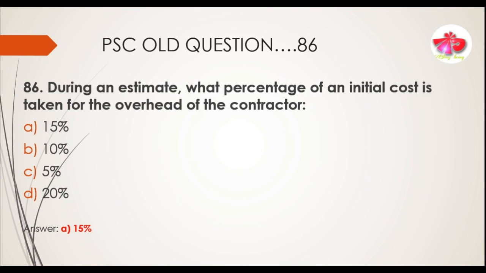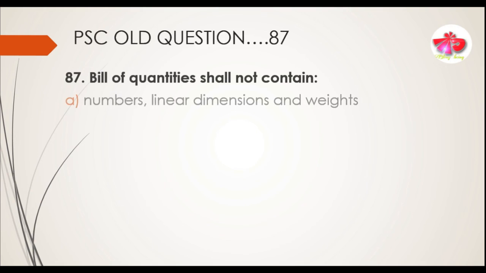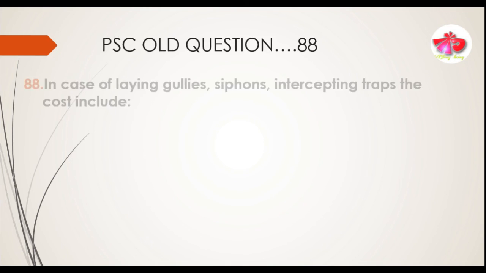So during an estimate, 15% of the initial cost is taken for overhead of the contractor. Question number 87. Bill of quantities shall not contain: option A, numbers; option B, linear dimensions and weight; option C, areas and volume; and option D, cost. So friends, bill of quantities shall not contain option D, cost. Question number 88.